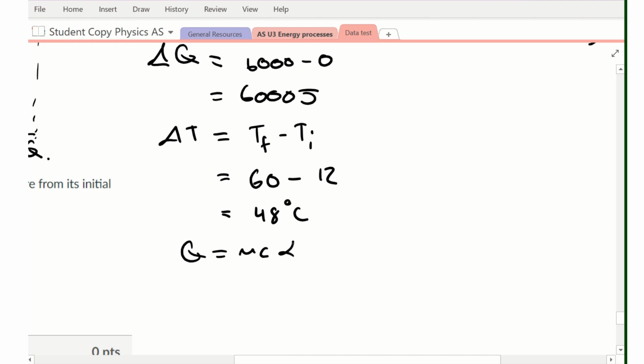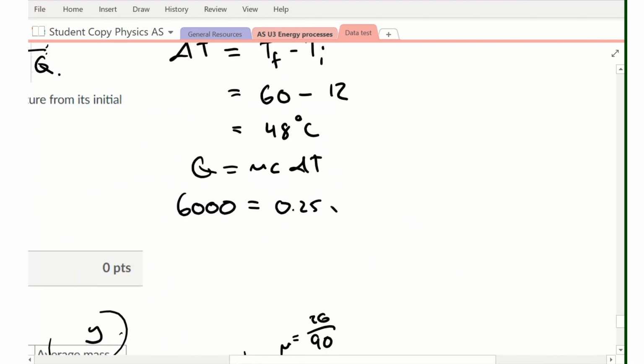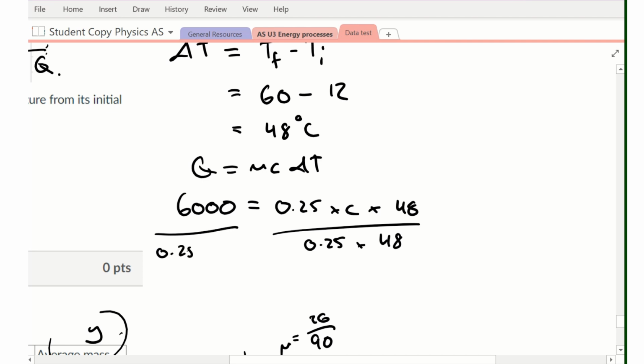Q is equal to mc delta T. Q is equal to 6,000. m is equal to, I think it was 0.25. Am I right in remembering that? I am. Don't know C yet, but we can calculate it. Divided by the other numbers that are here on both sides, of course, 0.25 times 48. Cancels, cancels.